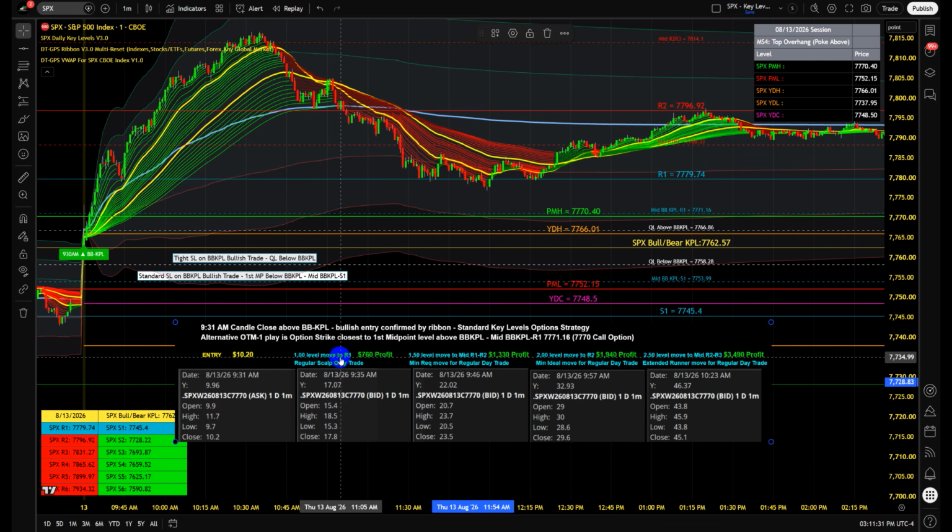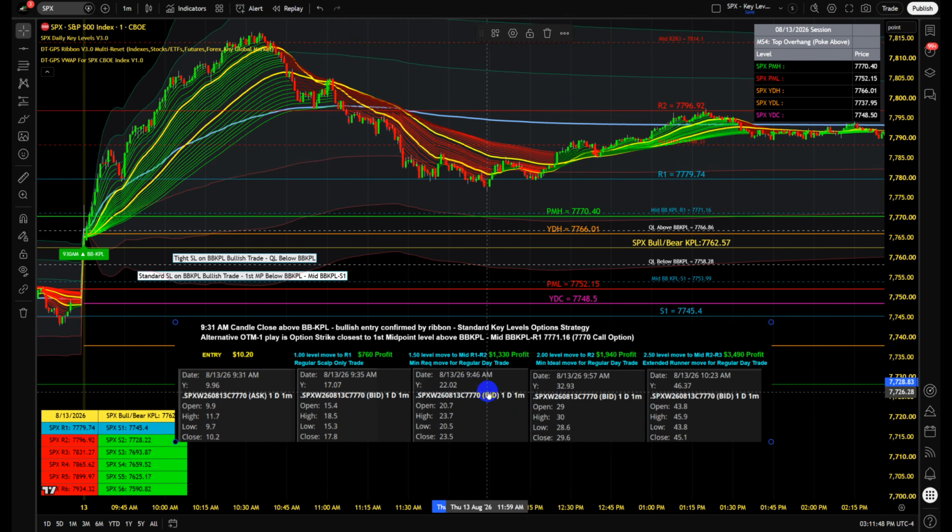9:35 when it hits the R1 level for the 1-level scalp. $17.80 bid on the close of that candle, $760 profit per option. 1.5 level move that happens at 9:46 on the close of that candle.